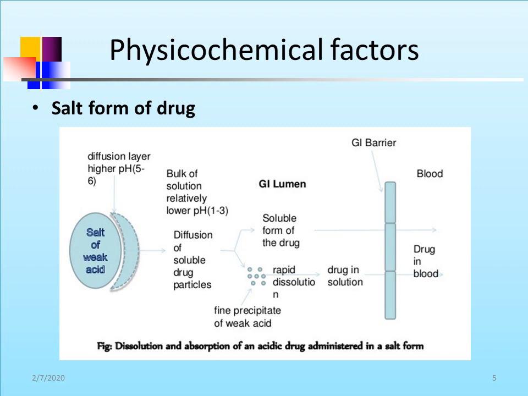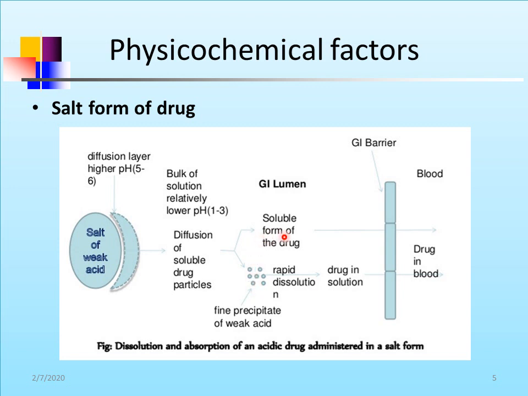The formed stagnant layer has a pH which is near 5 to 6, and the bulk of solution has a pH which is relatively low. Say for example, gastric juice is 1 to 3. So from the diffusion layer, the drug is going to be dissolved in a soluble form, or it might get precipitated into fine particles.